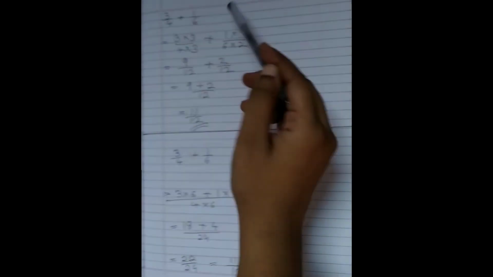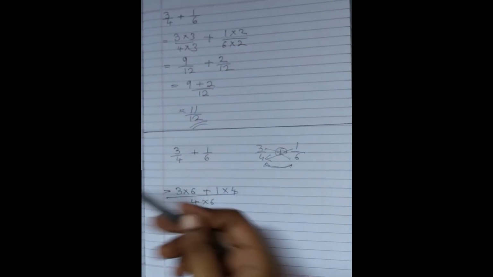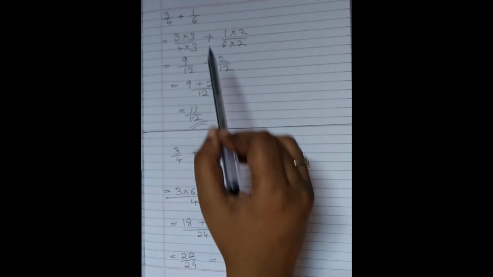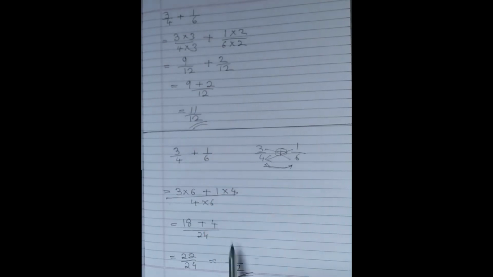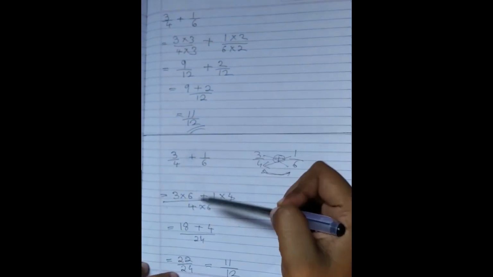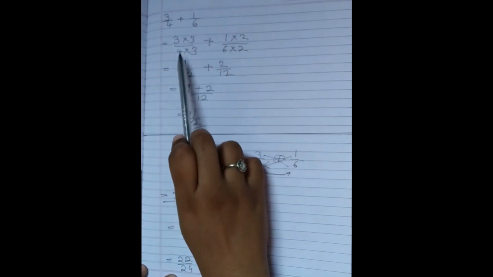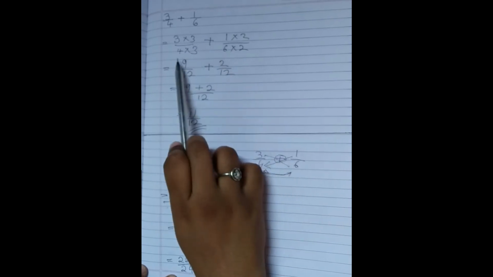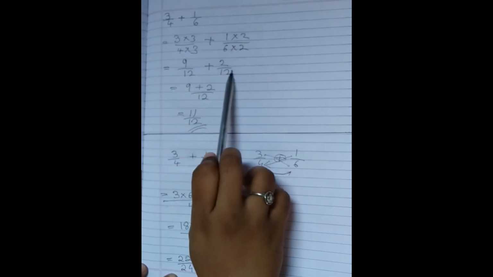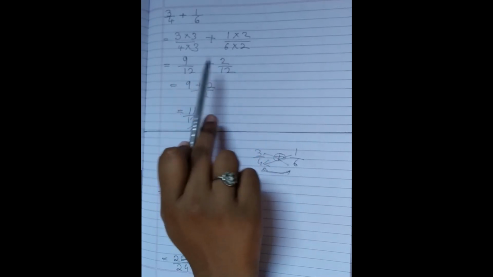Okay. Now see here, I have solved the same sum using two methods. In the first method we have solved it by using LCM, and in the second we have solved it by using the cross multiplication method. Okay. See, what is the difference between both the methods is, in LCM method we will try to make the denominator of both the fractions common by taking LCM.